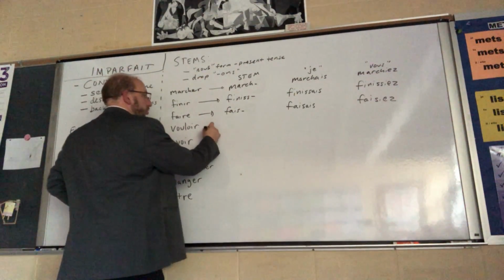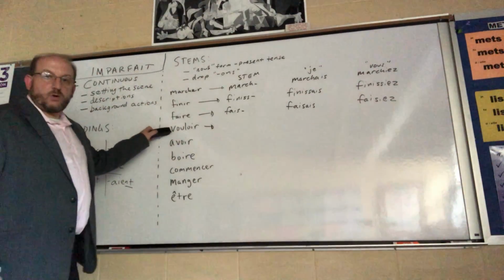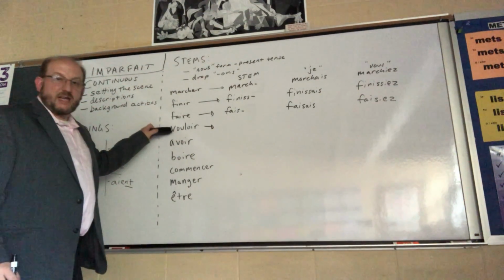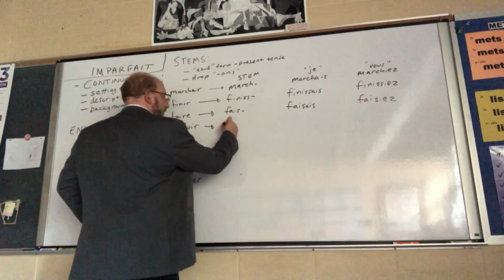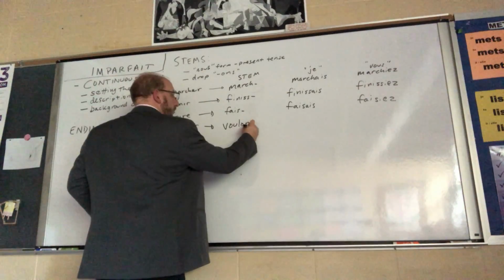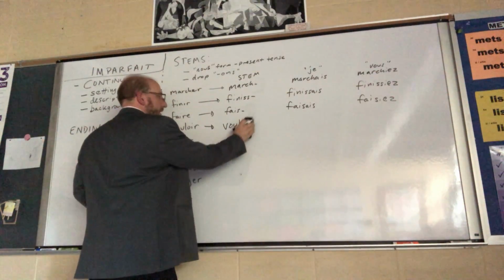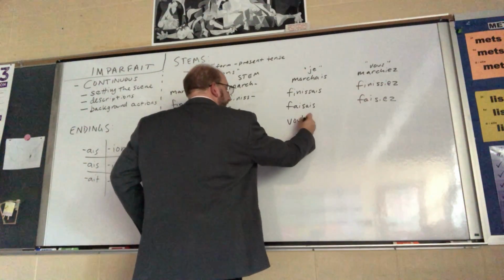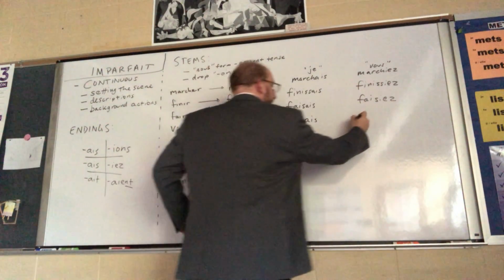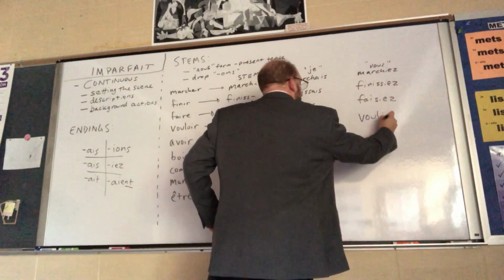Vouloir, to want. This is going to be an important one because wanting, mental states, are most often in the imparfait. Nous voulons. Simple enough. Drop the ONS, we have voul. I wanted. Je voulais. You guys wanted. Vous vouliez.